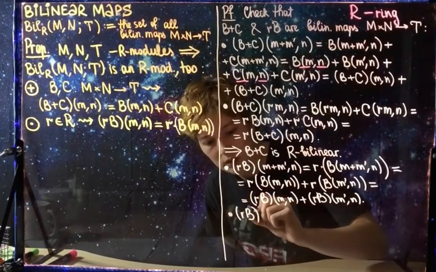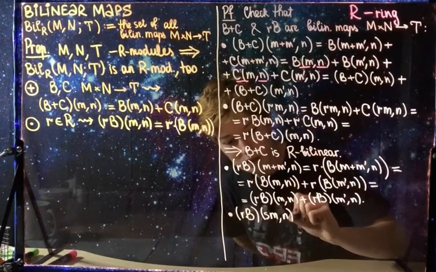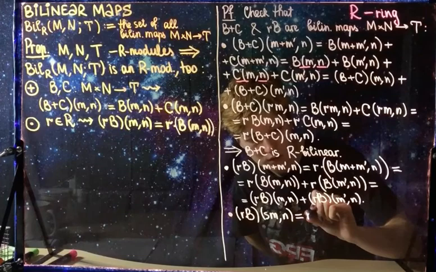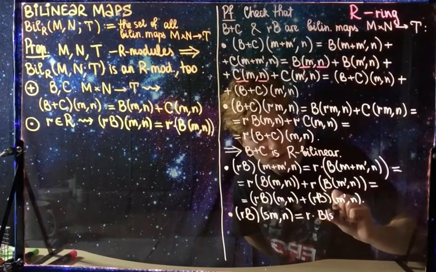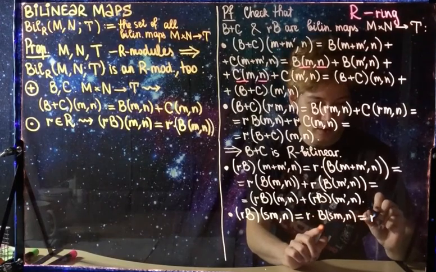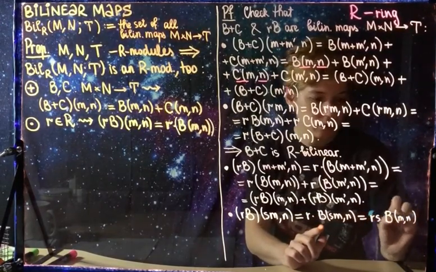Finally, rB applied to s m comma n is r times B of s m comma n, and because B is bilinear, we get r s times B of m comma n.